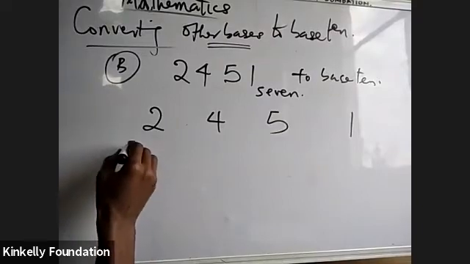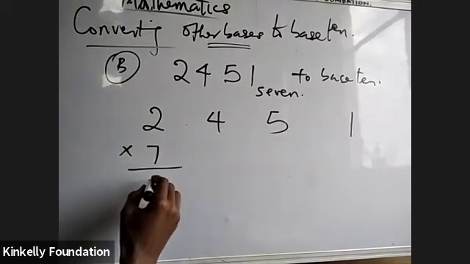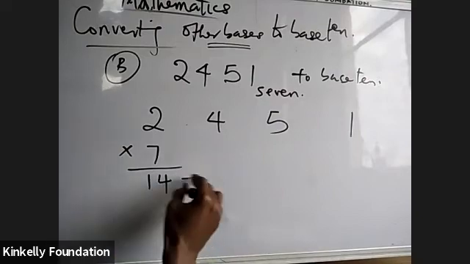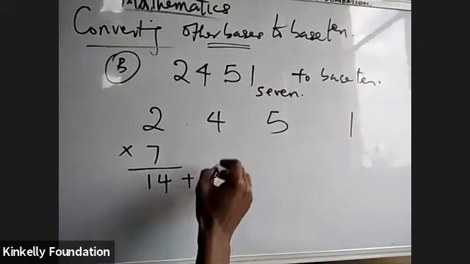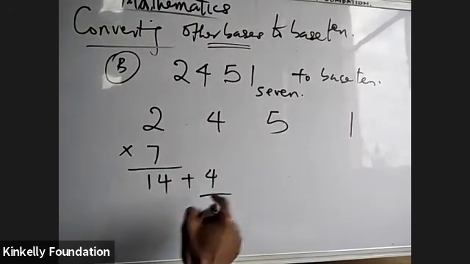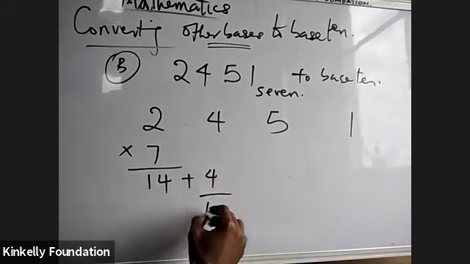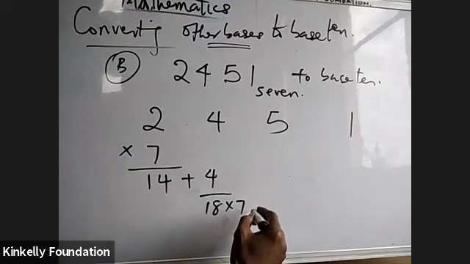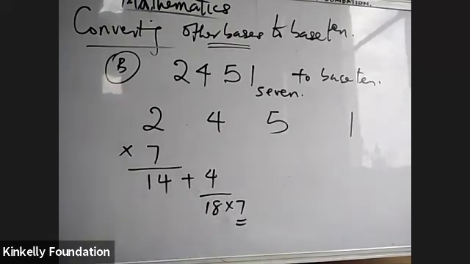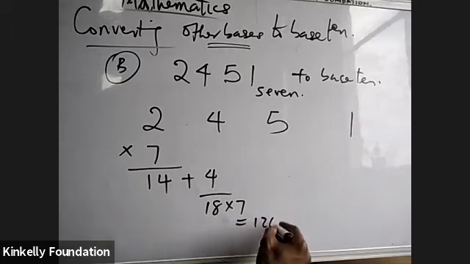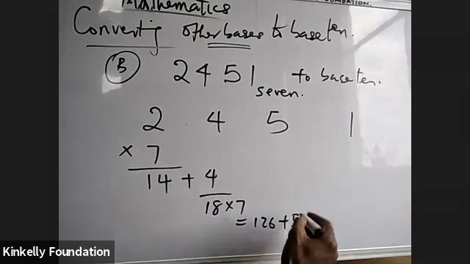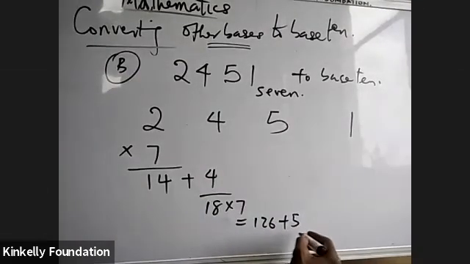The first digit will be multiplied by 7 to give us 14. 14 plus 4 gives us 18. 18 times 7 gives us 70 plus 56 to give us 126. So 126 plus 5, we have 131.